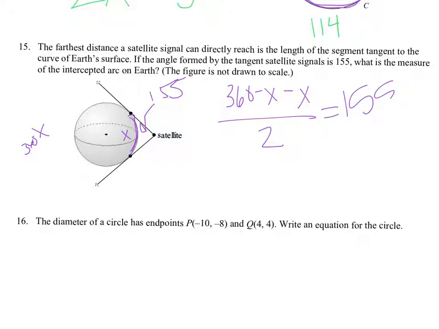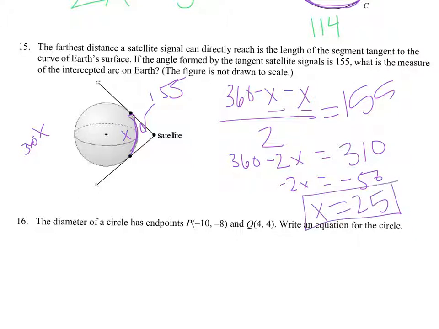So first you multiply it by 2, so you have 360 minus 2x, because negative x and negative x gives you negative 2x, equals 310. Negative 2x would be equal to negative 50. x is equal to 25.